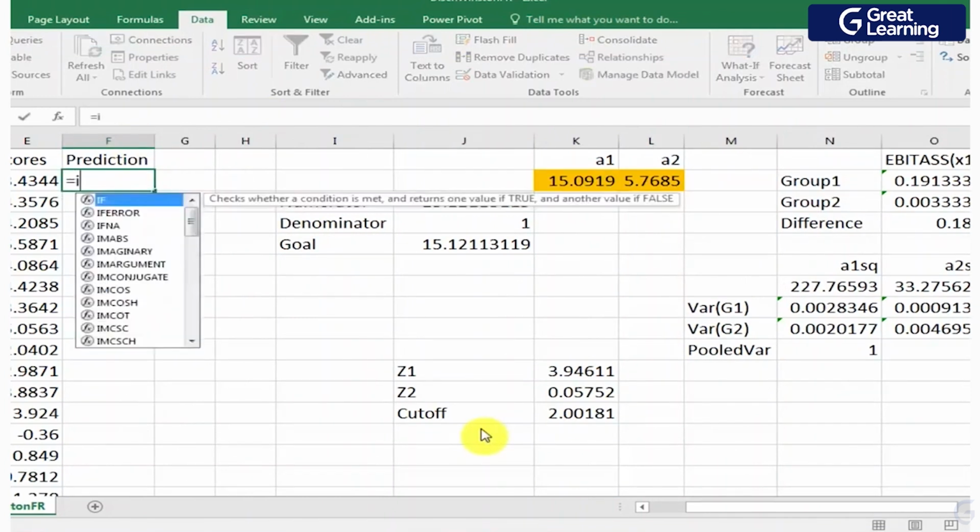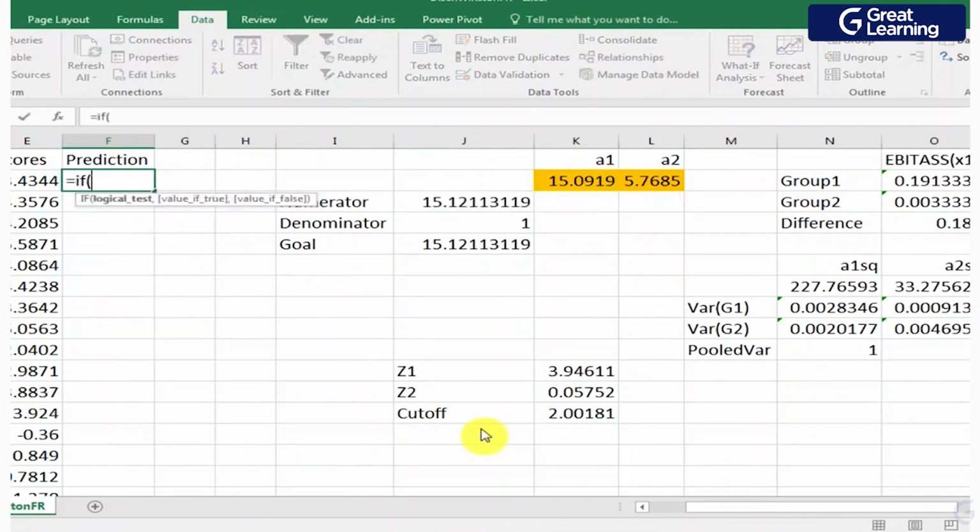Is equal to if first cell, if the score is more than 2.001, and I have to lock it. I am having only one cutoff point, so I have to lock it. Hello. Is it clear? The dollar sign is required because this is a cutoff point score. Then it is 1, else 2.